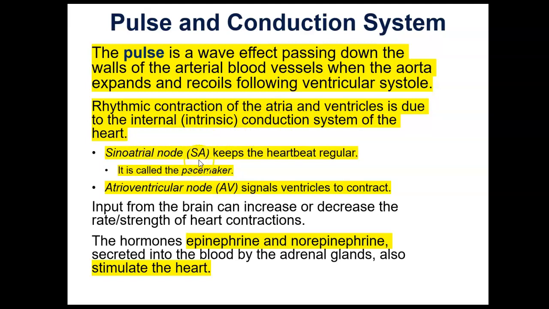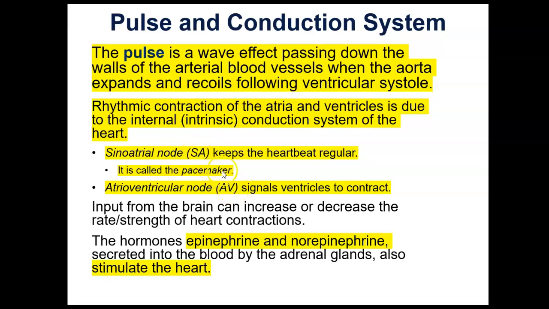The conduction system of the heart begins with the pacemaker of the heart, called the sinoatrial node or SA node, and it keeps the heartbeat regular. It sets the pace for the heartbeat. It's called the pacemaker. And then the atrioventricular node follows. Basically, the electrical signal begins at the SA node, and then it's sent to the AV node.